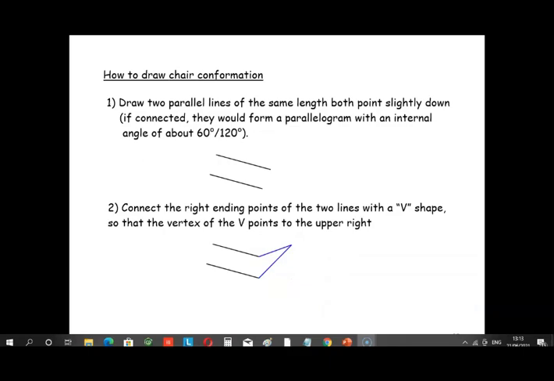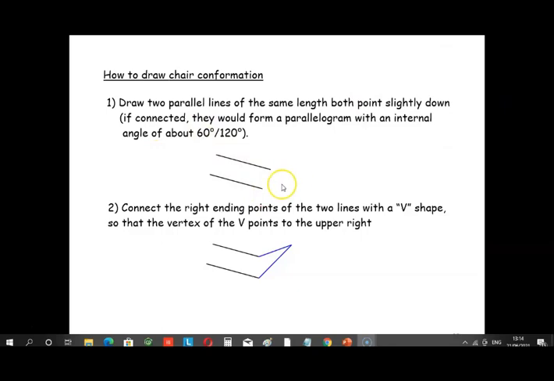Now, how to draw the chair conformation of cyclohexane? Let us see it in a stepwise manner. First, we have to draw two parallel lines of the same length, both pointing slightly down. If connected, they would form a parallelogram with an internal angle of 60 or 120 degrees.